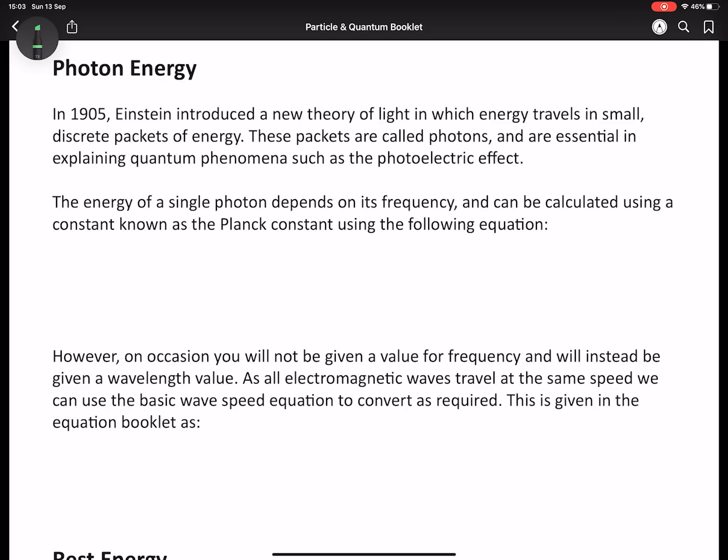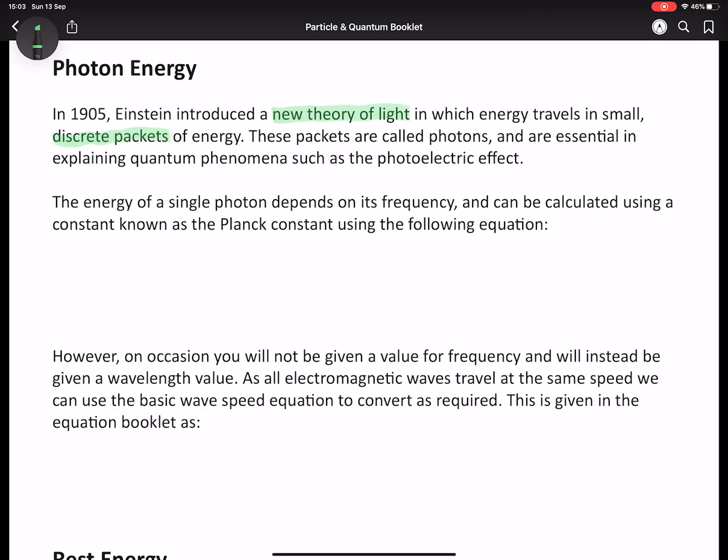Now moving on to new content, we have the concept of photons being introduced. Now light has gone through a very interesting, complicated history in terms of trying to understand what it is. But there was an experiment that required a new understanding, the photoelectric effect, which we cover later on in this booklet.